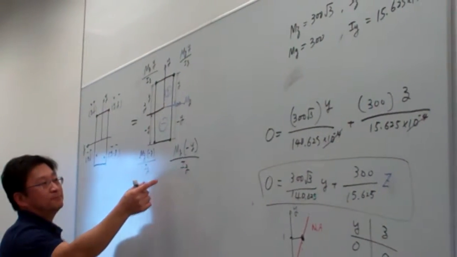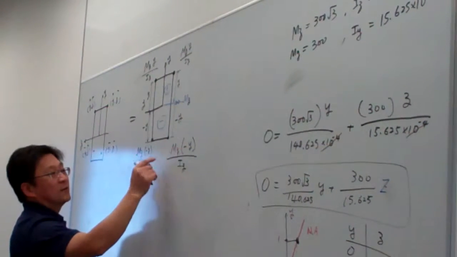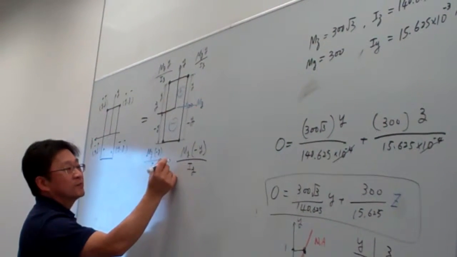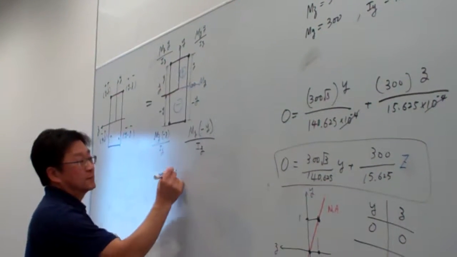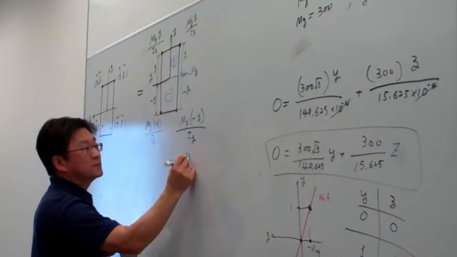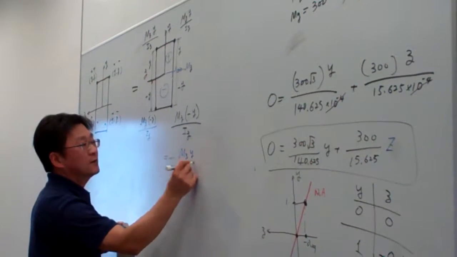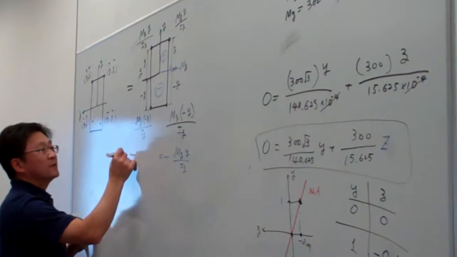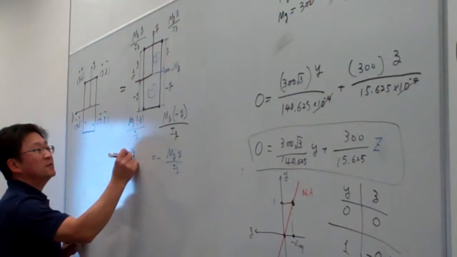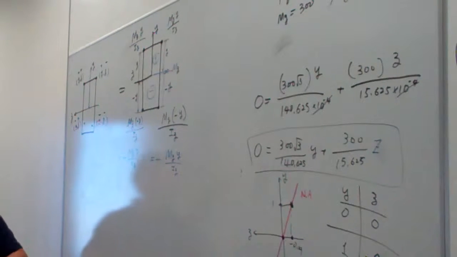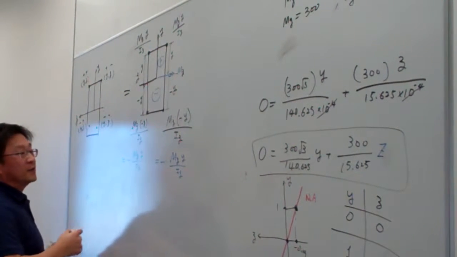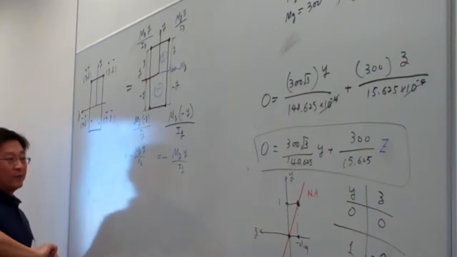You can see this one come up with basically, using different colors, minus Mz, y, Iz. The same thing, this one is minus Mz, y, Iz.